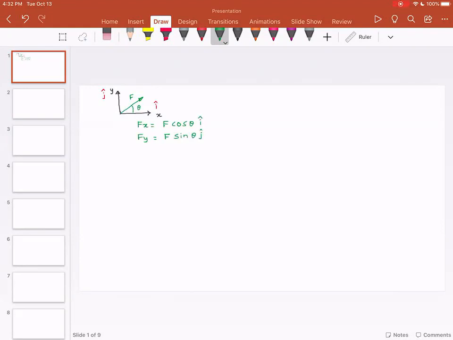Now, when you apply conditions of equilibrium, the conditions of equilibrium are for an object to be in equilibrium. So I will write these conditions down. Conditions of equilibrium.